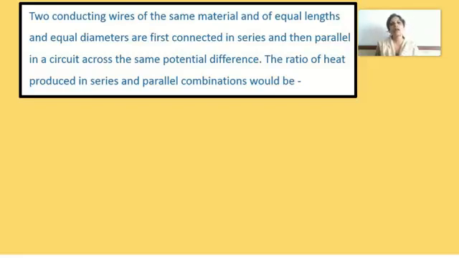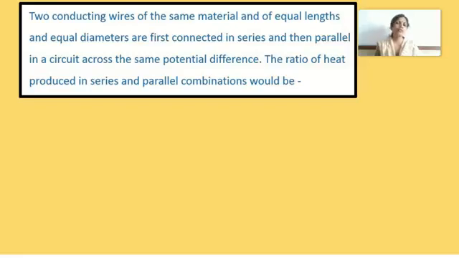Two wires will have some resistance. Both the wires, first they are connected in series, then they are connected in parallel, and the potential difference across the combination is constant in both the cases. What are we asked? The ratio of heat produced in series and parallel combination.